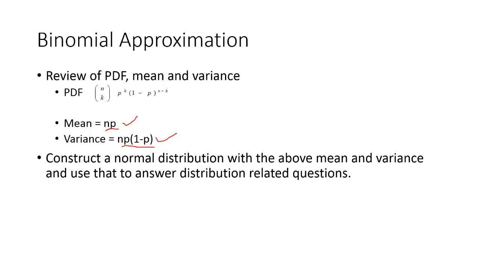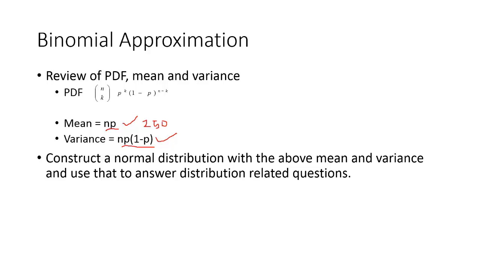For instance, if there's a 50% chance of a coin falling heads or tails, you can say the mean for 5000 tosses is 2500, because you have 5000 tosses times 50% probability, so that's 2500, and that's your mean.